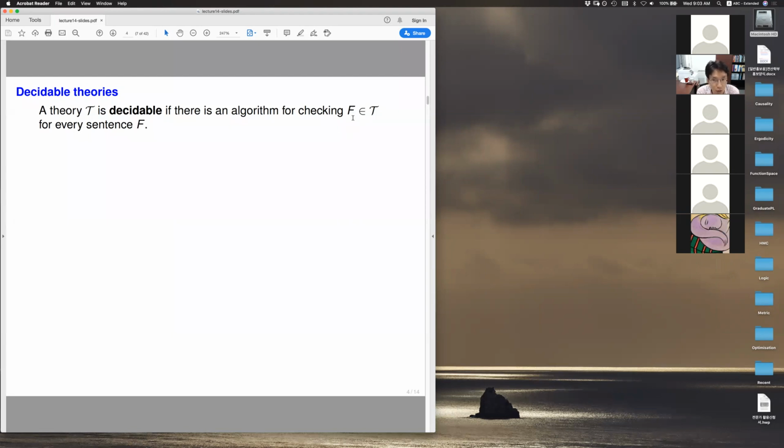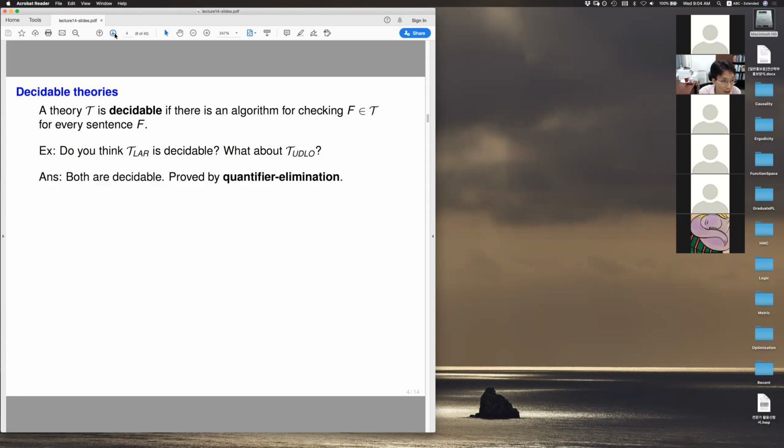It's expressed in terms of set membership, but really what it says is that, given a sentence F, the algorithm has to say whether F follows from the set of axioms used to generate this theory, or whether F is true in the structure used to generate this theory. This is a typical question that we are interested in, and in fact there are many implementations of such decision procedures for certain theories.